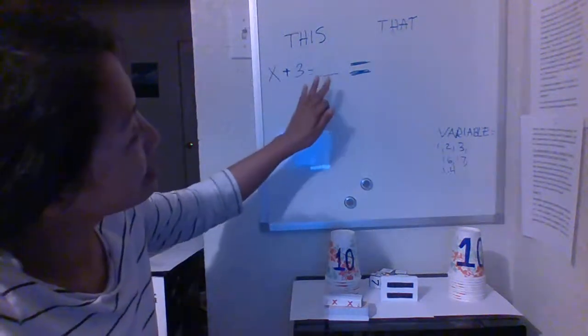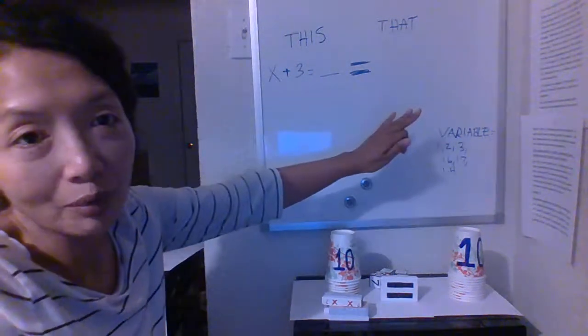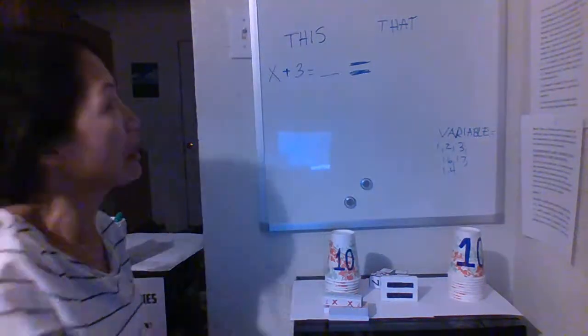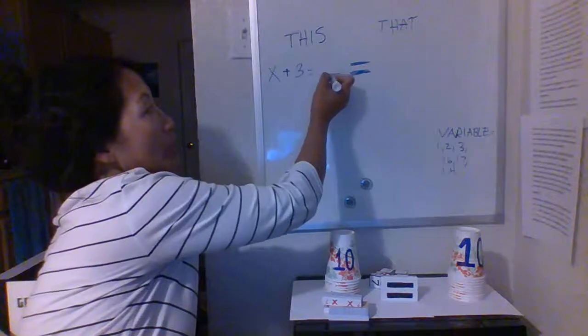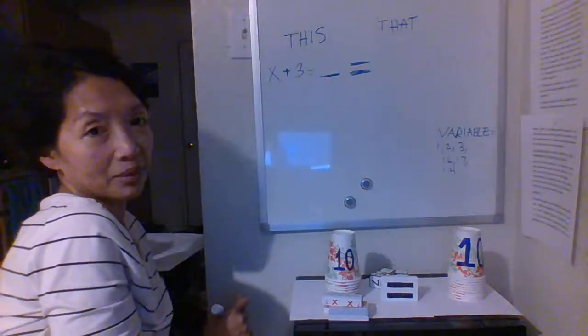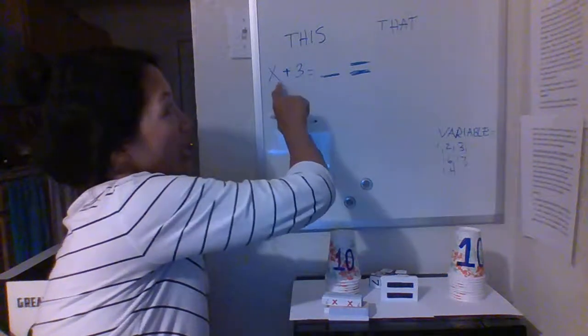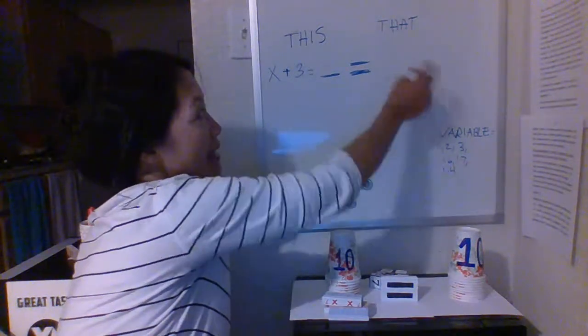So we don't know what this is yet, but hold on. I will be giving you a given, your clue. So hold on one second. Let me go and just write this out, okay? So we have x plus 3 equals, we don't know yet, okay? But I'm also going to use this same variable x on that side.